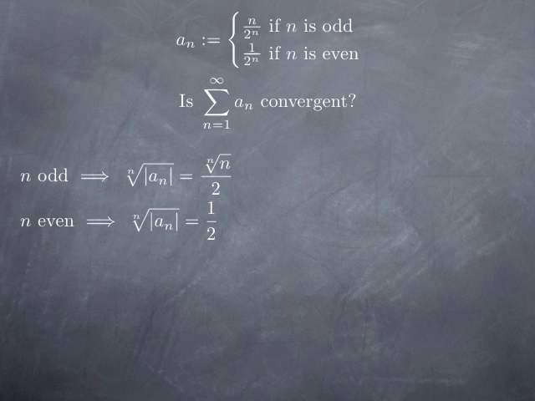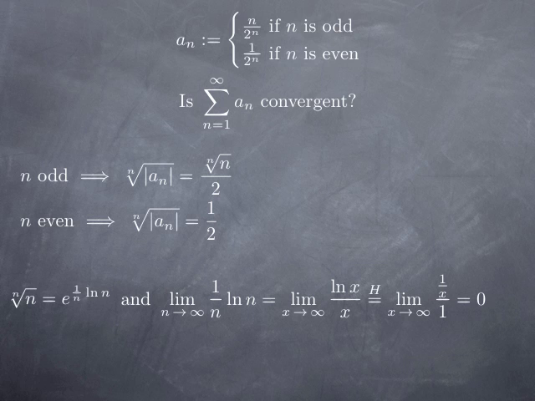If we're looking at the asymptotic behavior, we want to look at the limit as n goes to infinity, and in particular we're going to need the limit of the nth root of n. It's really n to the 1/n, which I can write as e to the (1 over n) ln of n, and the limit of ln of n over n as n goes to infinity is the same as the limit as x goes to infinity of ln of x over x.